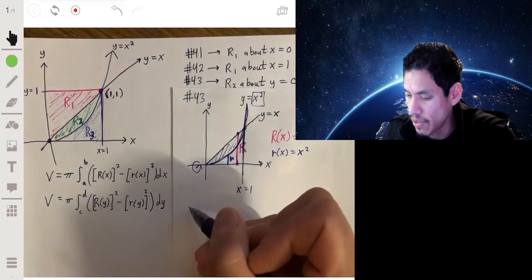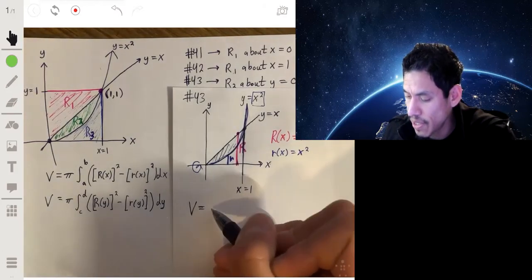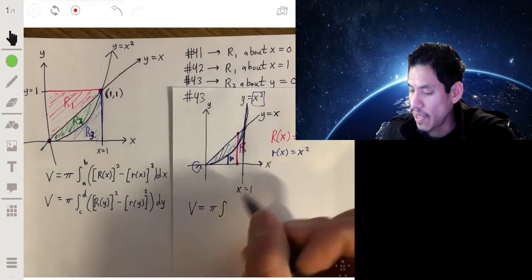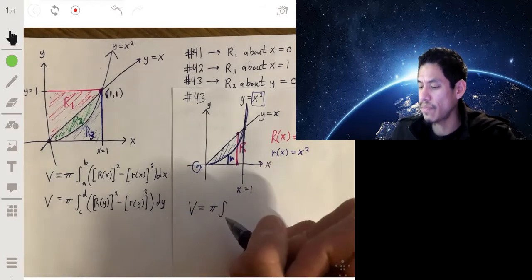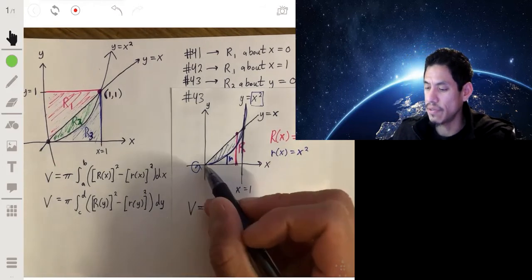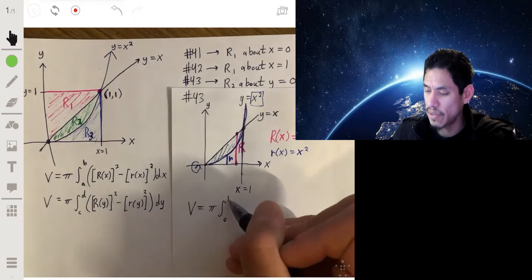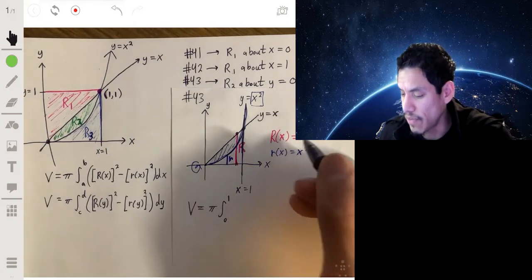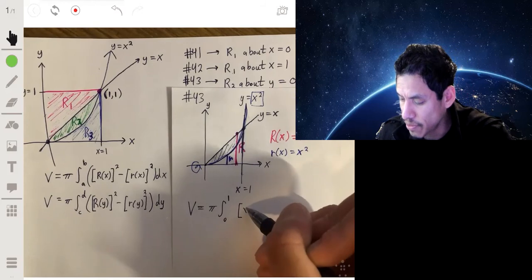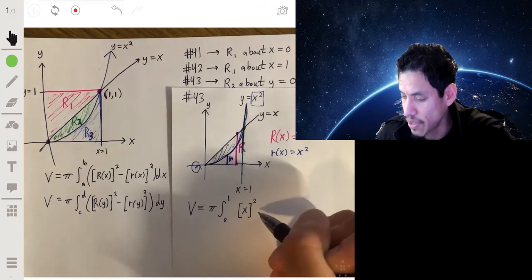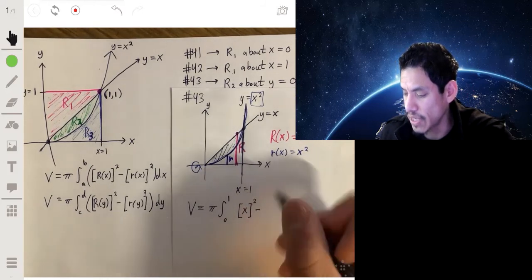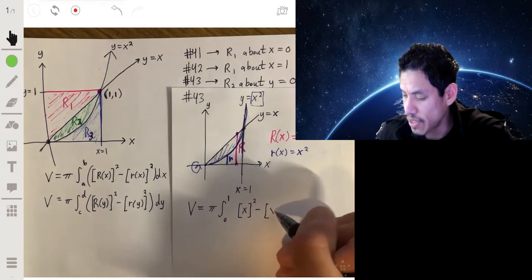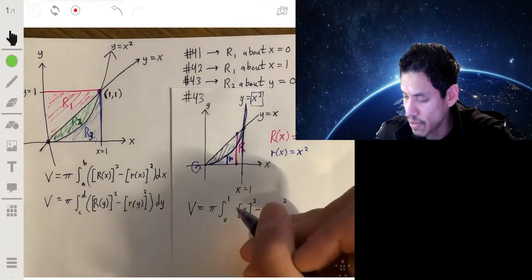So now we can set up our volume as the integral from 0 to 1, big R of x squared, so x squared, minus little r of x squared, so it's x squared squared.